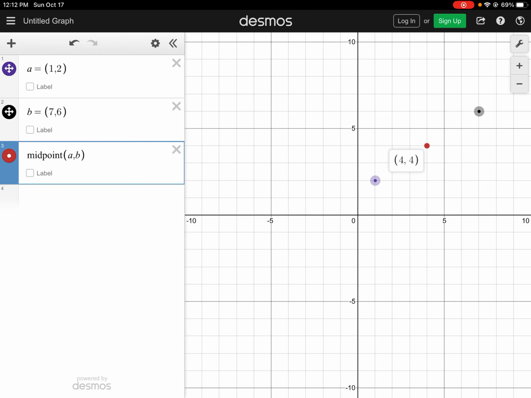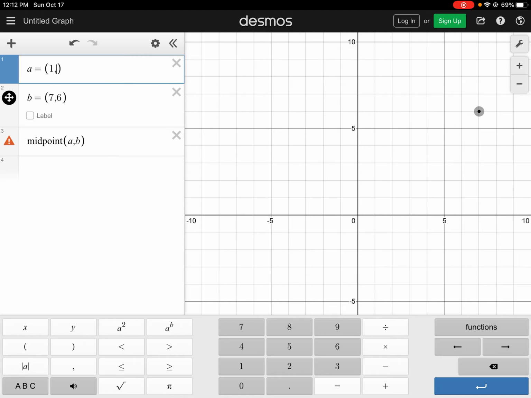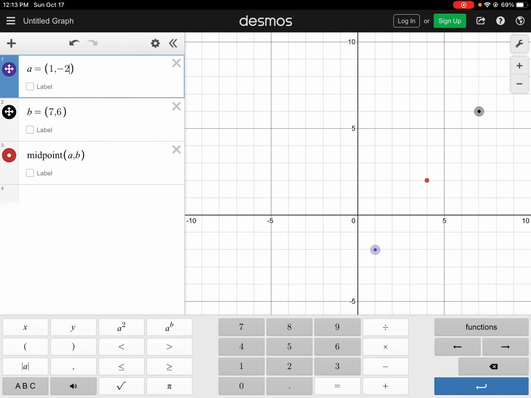I didn't erase any of this because all I'm going to do is come up here and take out the 1, 2, and my new endpoint is 1, and again, don't forget your comma, -2, and then I'm going to take out these 7, 6, and my other endpoint is -2, 7. That way I don't have to retype A equals, B equals, and the word midpoint.